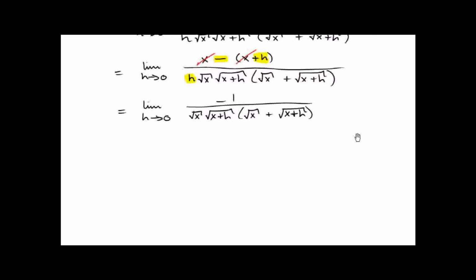At this stage, can I put in 0 for h? Absolutely, yes I can. Okay? The h's on the bottom now are not on their own, they're with x's. So if I put in 0 for h here, I'm not going to be left with 0, I'm going to be left with root x. If I put in 0 for h there, I'm also going to be left with root x.